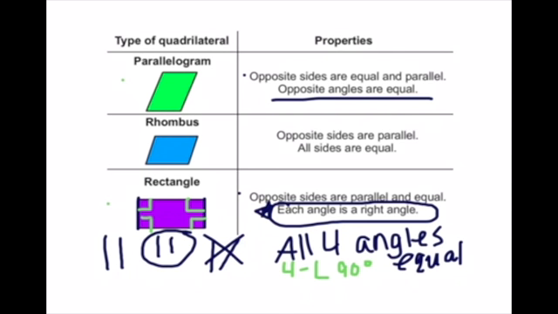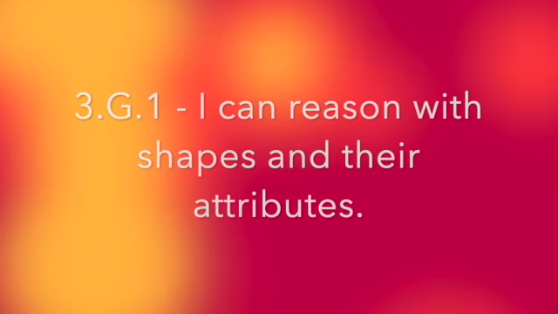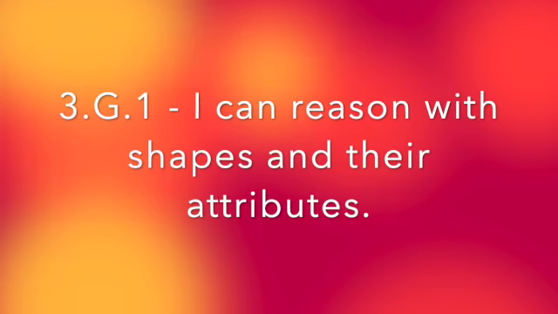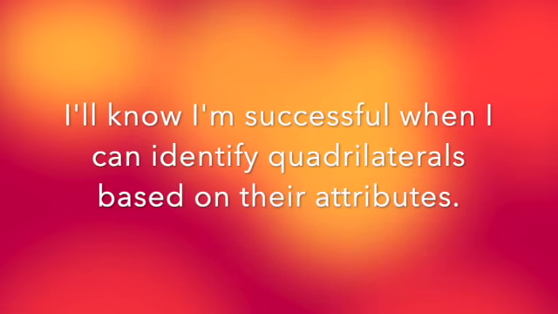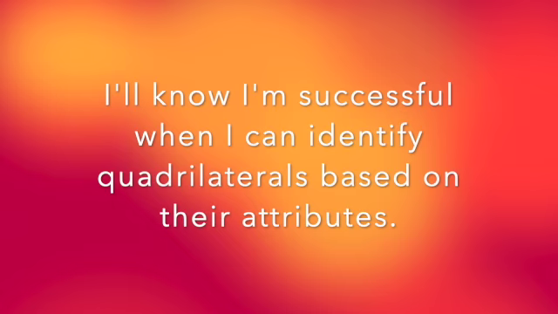So tomorrow we will go over 3 other kinds of quadrilaterals because, of course, there are not just these 3. There are lots of them. But I'll go over the 3 most important ones for tomorrow. So remember, your learning target today is I can reason with shapes and their attributes, and you know you're successful when you can identify quadrilaterals based on their attributes.